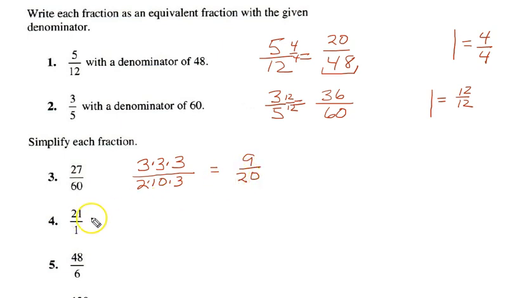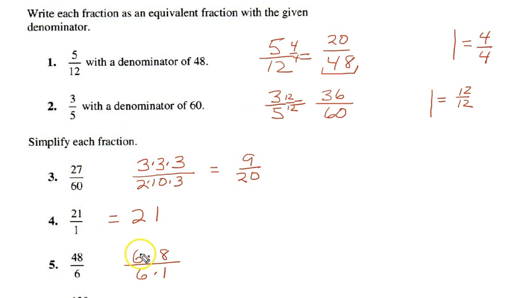Now as we look at this, every number is over 1. So to simplify this, this is just going to be 21. Now, for this one, again, the 48, we're looking for common factors, 6 times 8, and 6 times 1. 6 times 8 is 48. 6 times 1 is 6.